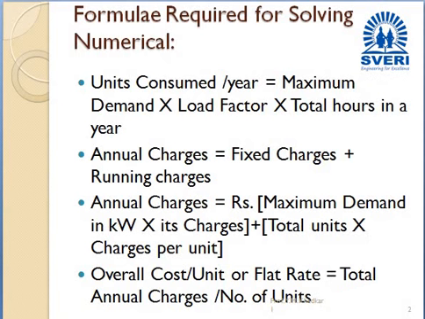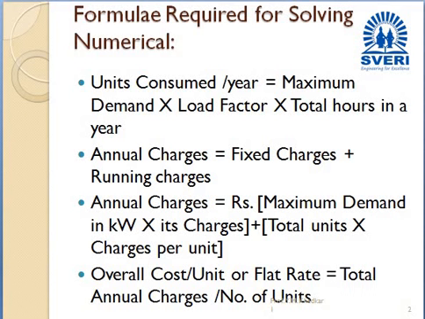First of all, we will see which formulas are required for solving the numericals. The first formula is of unit consumed per year, or units generated or produced per year.